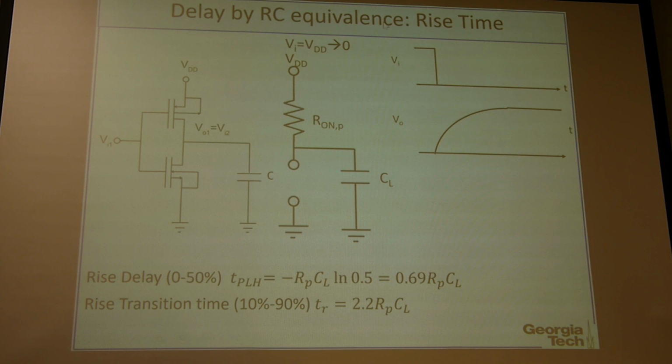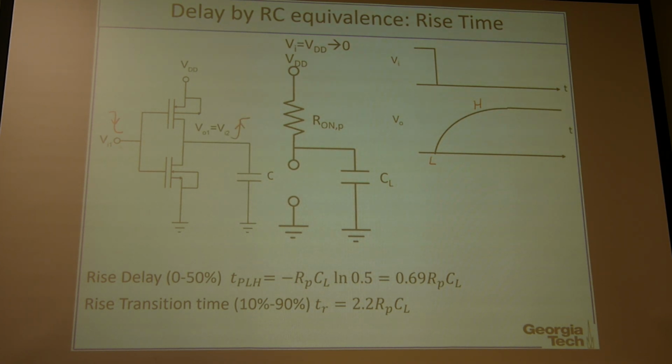So let's do it. Let's say for the TPLH, so low to high transition. You need to understand the PMOS is working, because PMOS is pulling up from low to high. So this is when the input is high to low, the output is low to high.